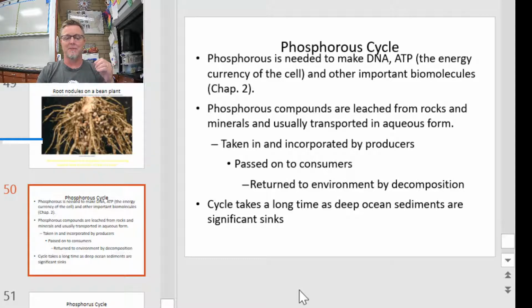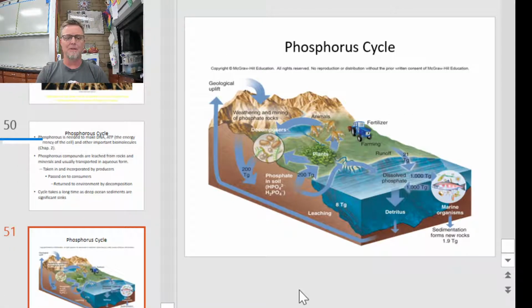The cycle takes a long time, and that's why we got to be careful with our phosphorus and how quickly we deplete it. So here's a picture of the phosphorus cycle so you kind of get an idea of where the phosphorus enters and leaves the ecosystem.